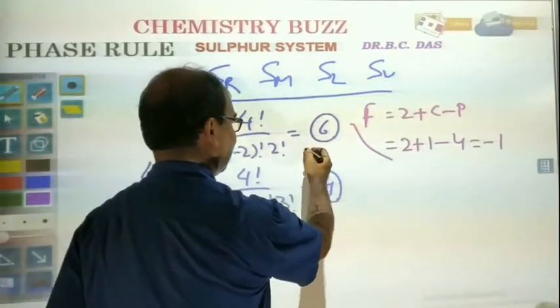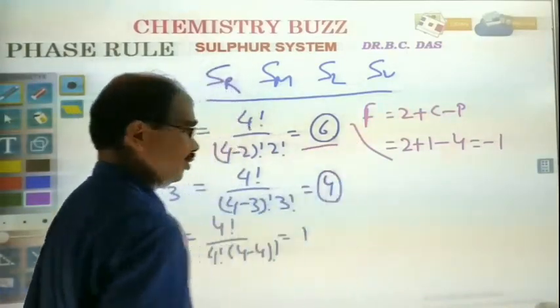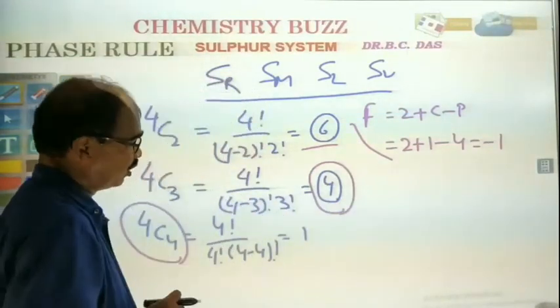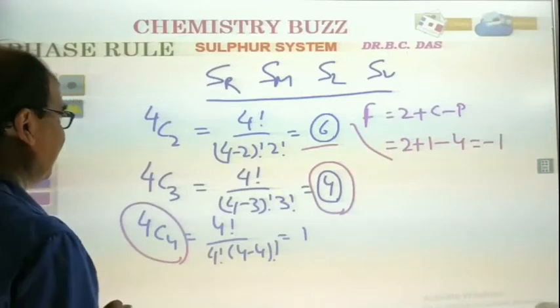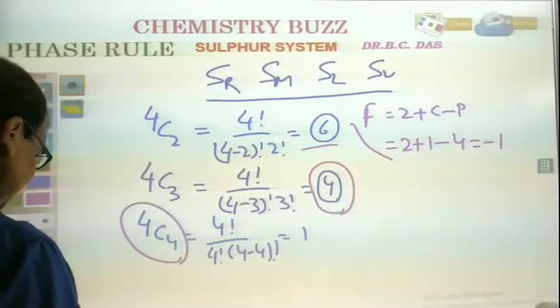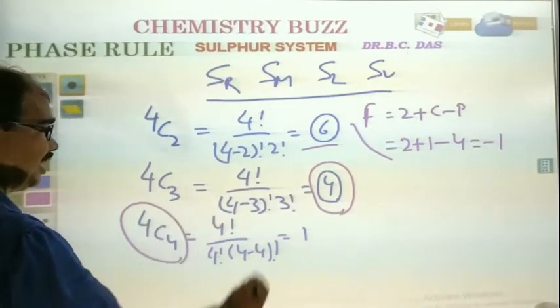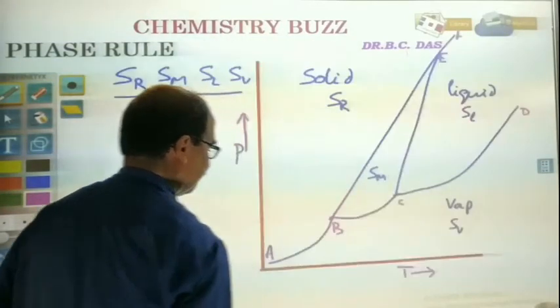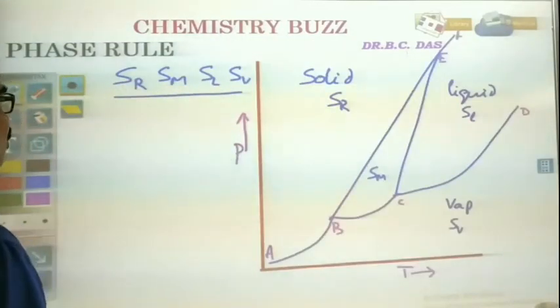From mathematics we have 6 binary equilibriums and 4 ternary equilibriums, that is, the triple points in the phase diagram. Now let us proceed to the phase diagram and identify the different binary equilibriums.